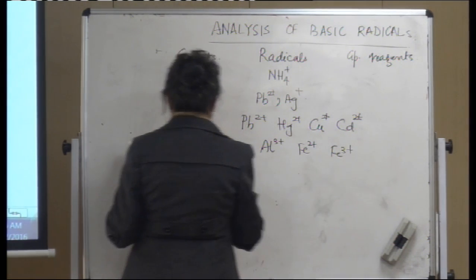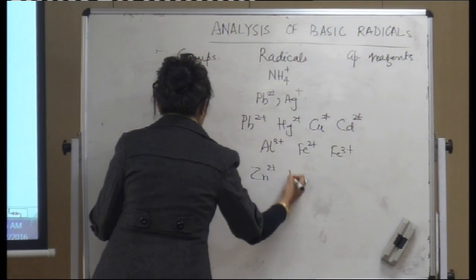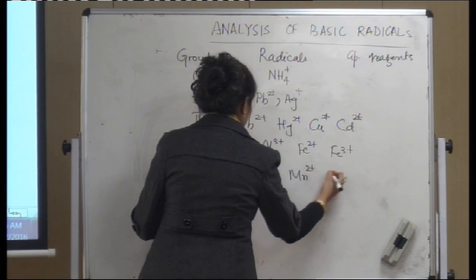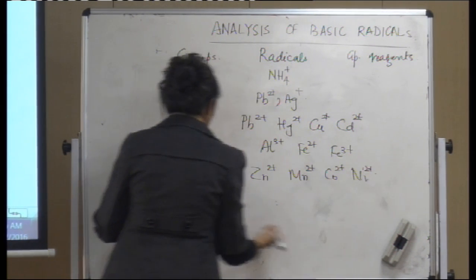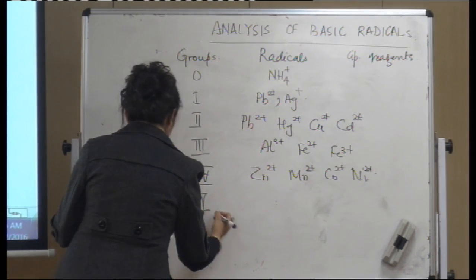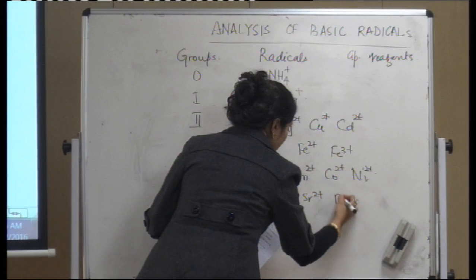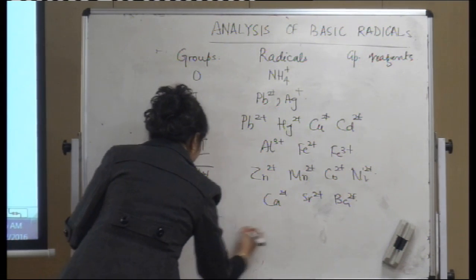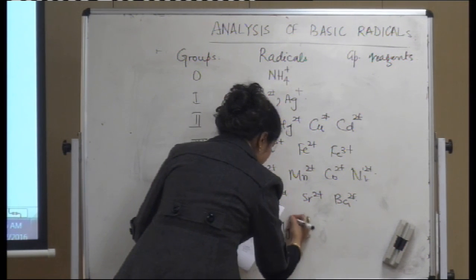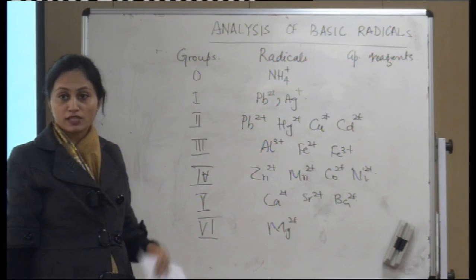Then in group 4 we have Zn2+, Mn2+, Co2+ and nickel. Group 5 is barium, strontium, calcium. And group 6 you have Mg2+, and sometimes, as I told you, ammonium is also mentioned here in the notes that I've taken.